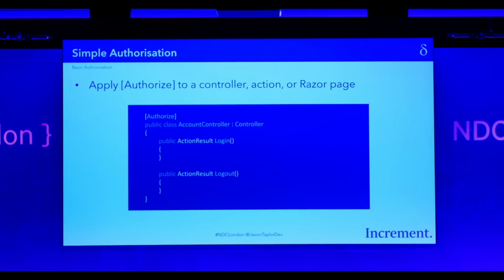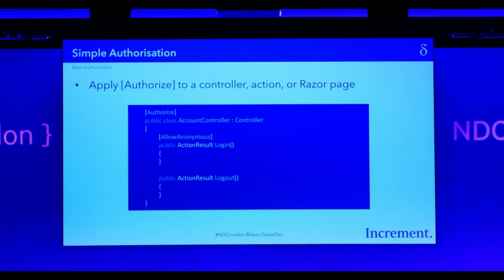And of course, that's a problem because now nobody can log in. So we need to fix that. Here, I've moved the authorized attribute down to log out. So you only need to be an authenticated user to log out, but anyone can log in. As another example, I've applied the authorized attribute to the top of the account controller again, and then the allow anonymous attribute to the login.